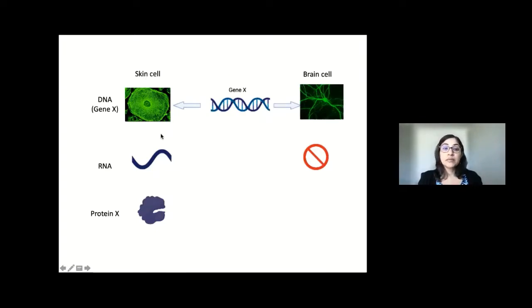So by these molecular mechanisms, we can block this thing to happen in the brain cell, but let this gene make its RNA and protein in the skin cells. And this is regulated by what is known as epigenetic gene regulation. So how does that happen? How do we make this gene not make its RNA and protein in the other cells, in the brain cell, but do it in the skin cell?